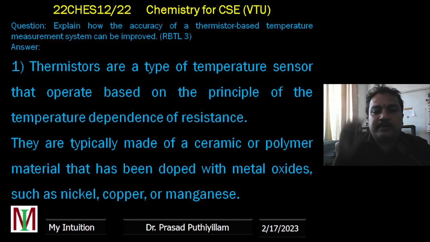Dopant means some material which is added in a small amount as an impurity. We call adding impurity doping. These metal oxides are added in a small amount, and it is used in the thermistor.